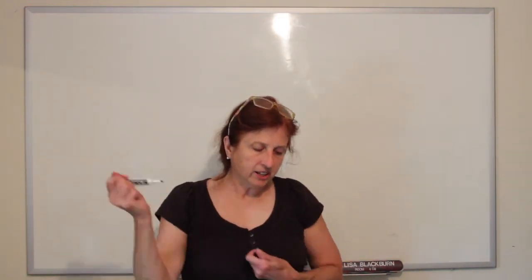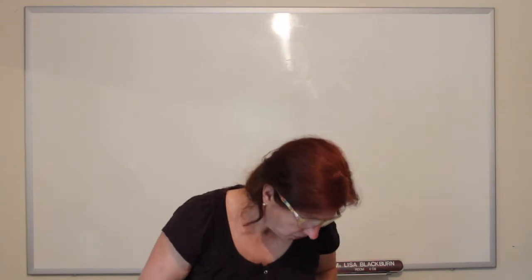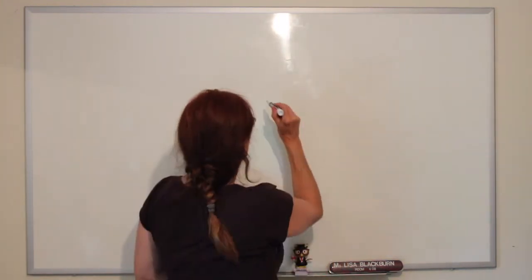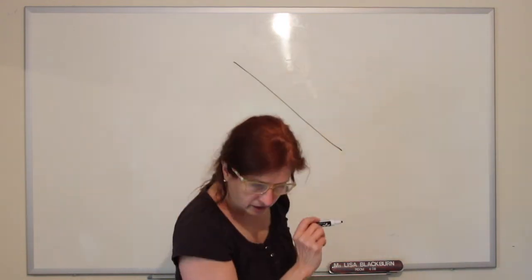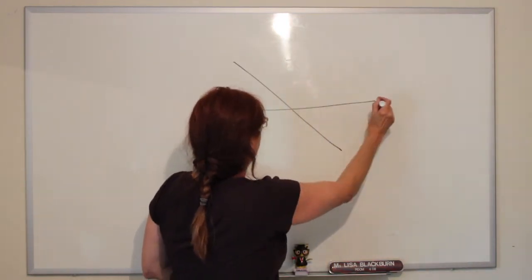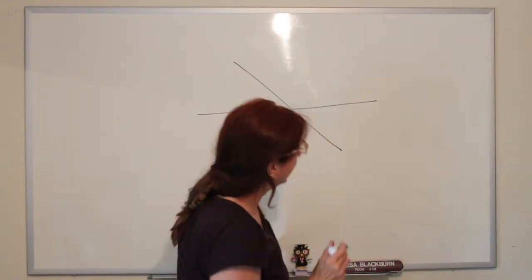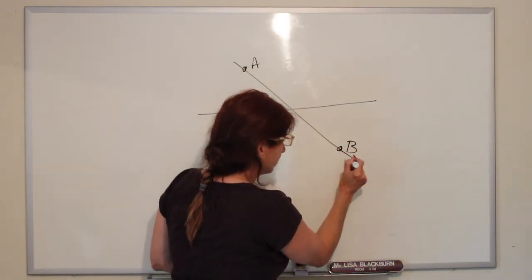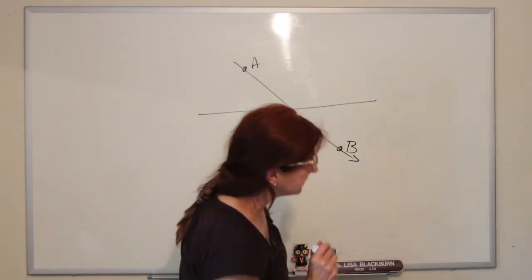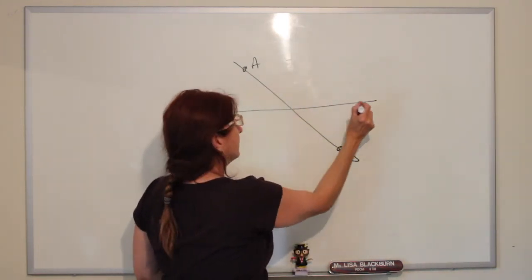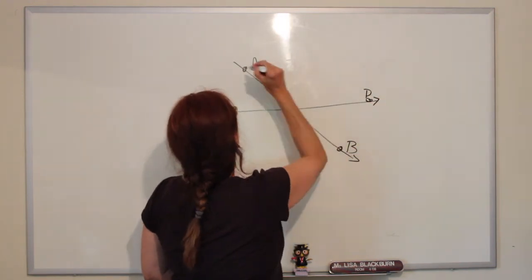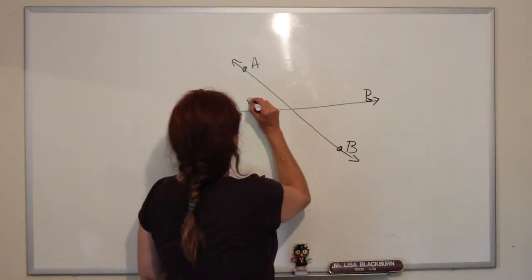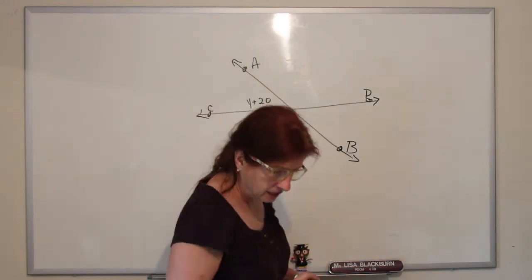All right, look at example 3 in your book. Let's see if I can draw it the way theirs goes. Okay, one line goes this way. One line kind of goes that way. We got A and B, and these are lines that continue, and C and D. Okay, this one is y plus 20.